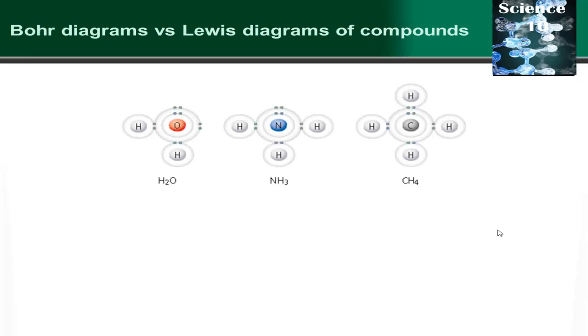So, when you compare Lewis diagrams and Bohr diagrams, you should, after a while, begin to recognize the benefits and the difficulties with each, right? So in this case, water as a Bohr diagram, ammonia as a Bohr diagram, and methane as a Bohr diagram all become the following as Lewis diagrams.